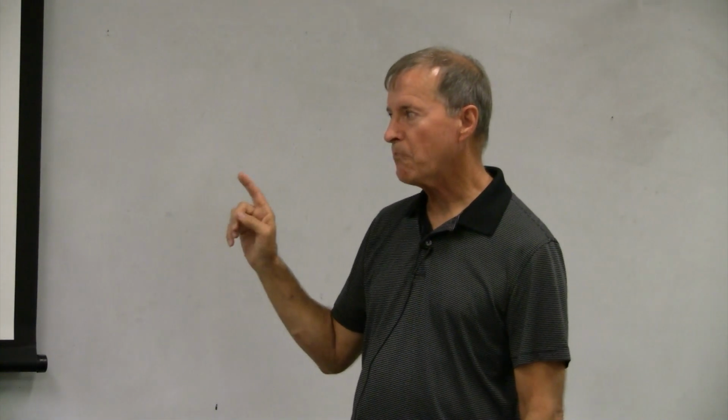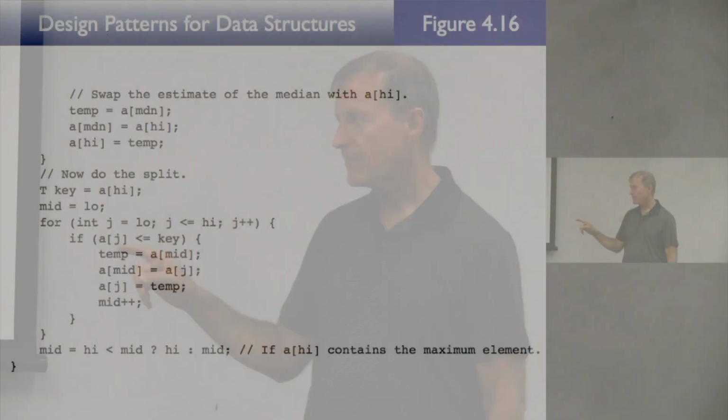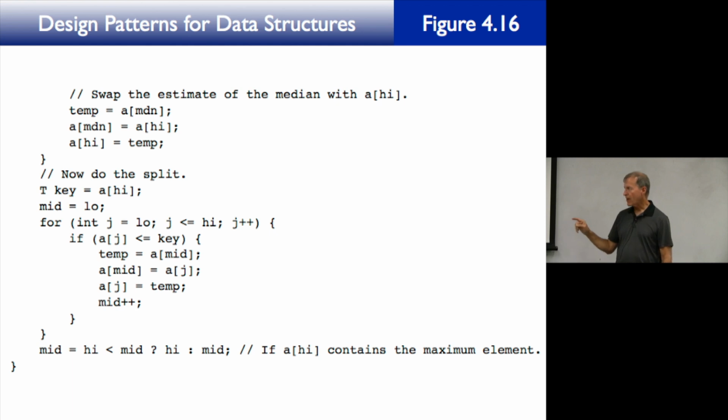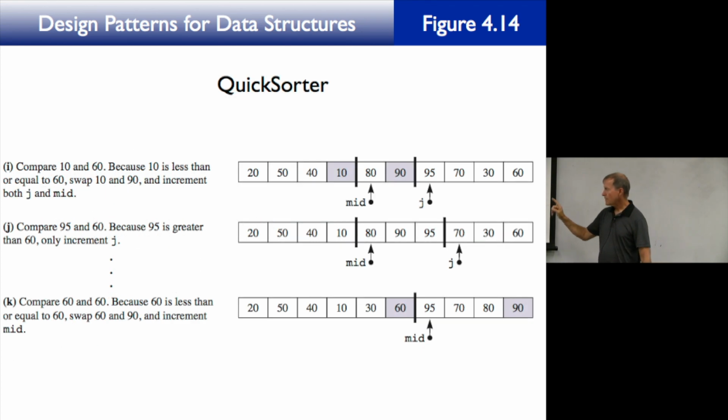But now there's one more little tiny thing here at the bottom. One last thing that we have to do is this. Let's go back to this part. Let's suppose in the unlikely event that our key was the maximum value.